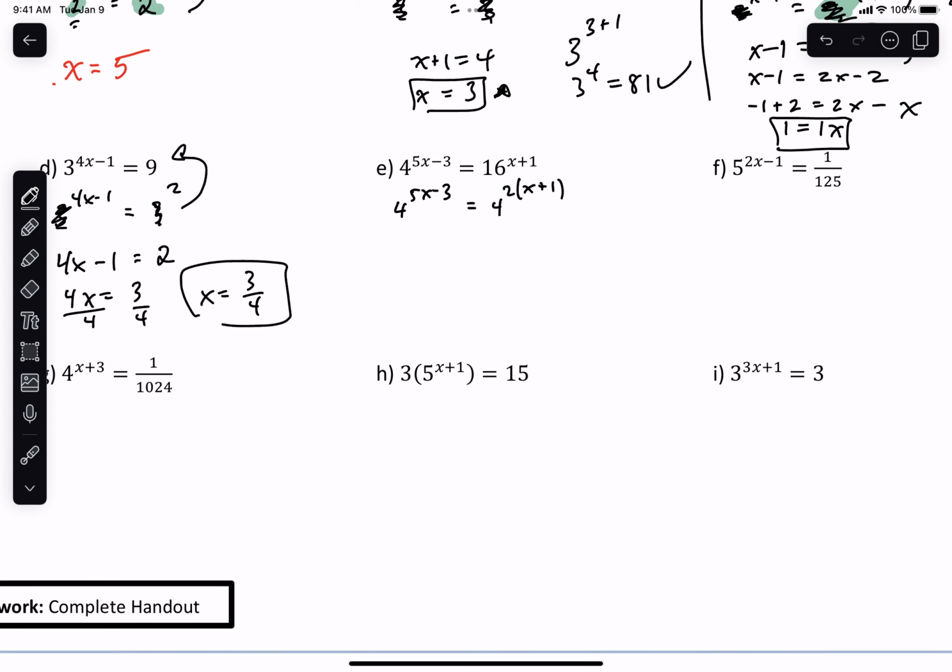Now, bases match, scratch them out. You just get what's left in the exponents, right? 5x minus 3 has to equal 2 times x plus 1. 5x minus 3 has to equal 2x plus 2. 5x take away 2x has to equal 2 plus 3.